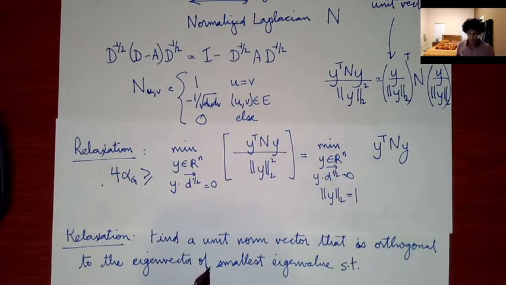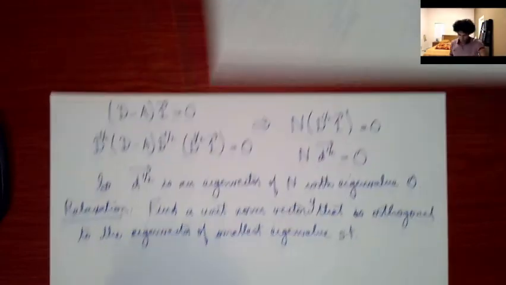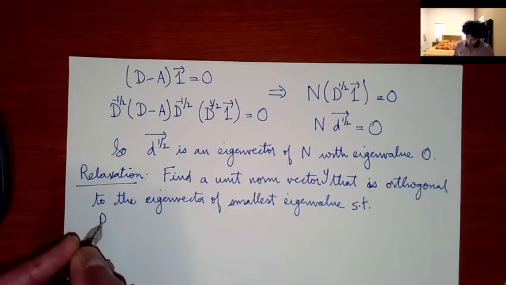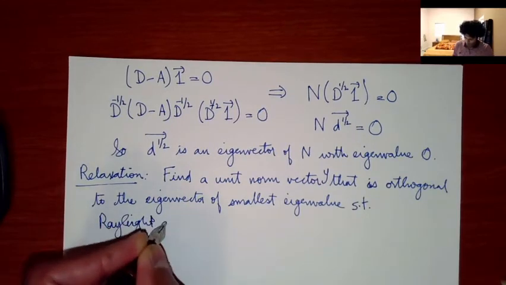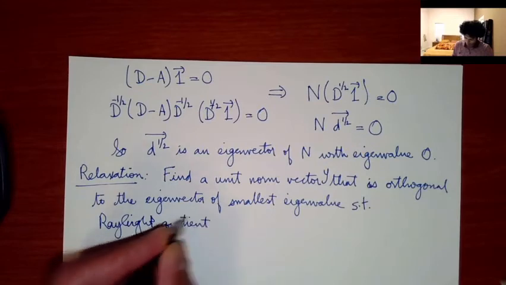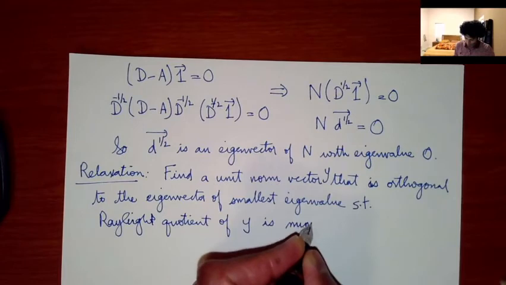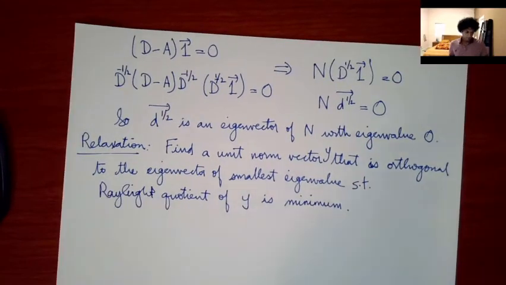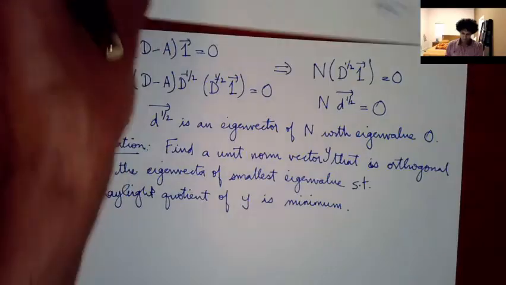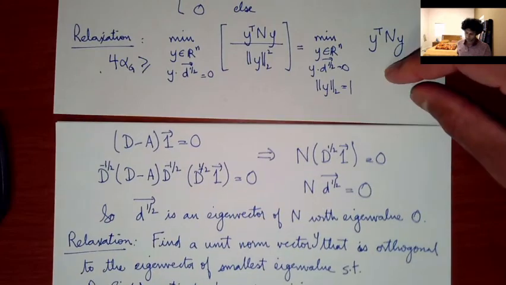such that, so find a unit norm vector y such that the Rayleigh quotient of y is minimum. That's what this program is saying.